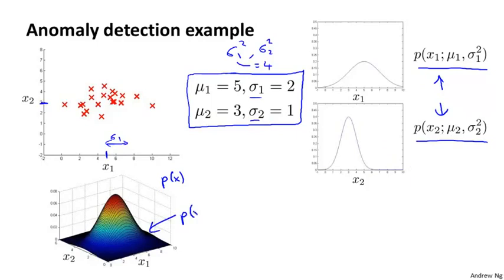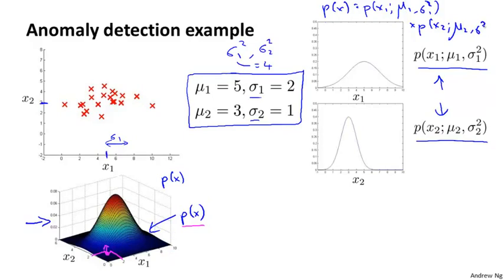So this is a plot of p of x, where the height of this surface at a particular point, given particular x1, x2 values, if x1 equals 2, x2 equals 2, that's this point, and the height of this 3D surface here, that's p of x. So p of x is the height of this plot. This is literally just p of x1 parameterized by mu1 sigma squared 1 times p of x2 parameterized by mu2 sigma squared 2. So this is how we fit the parameters to this data.